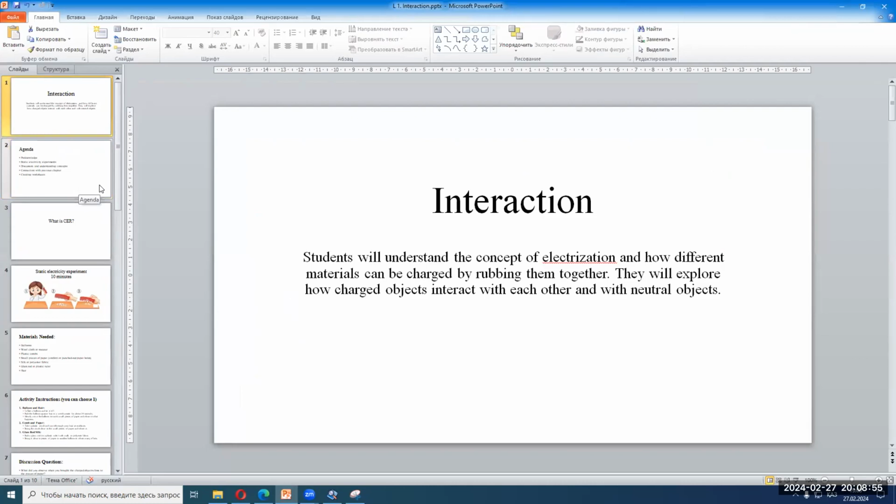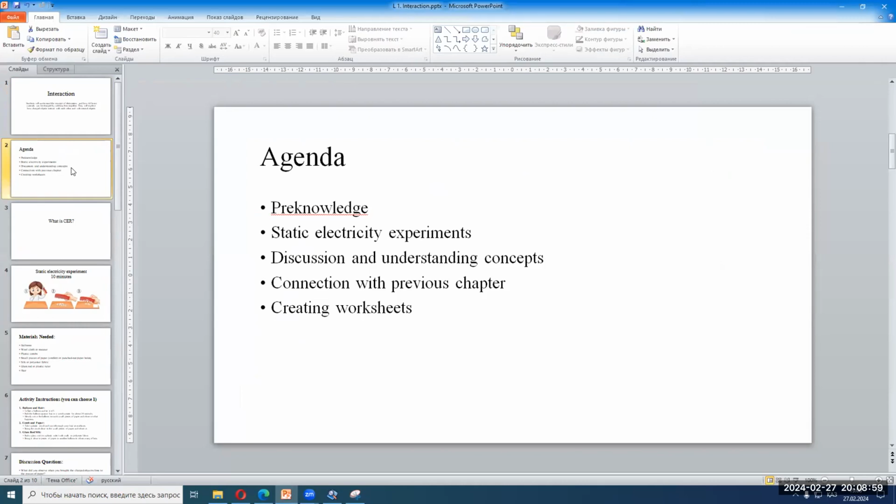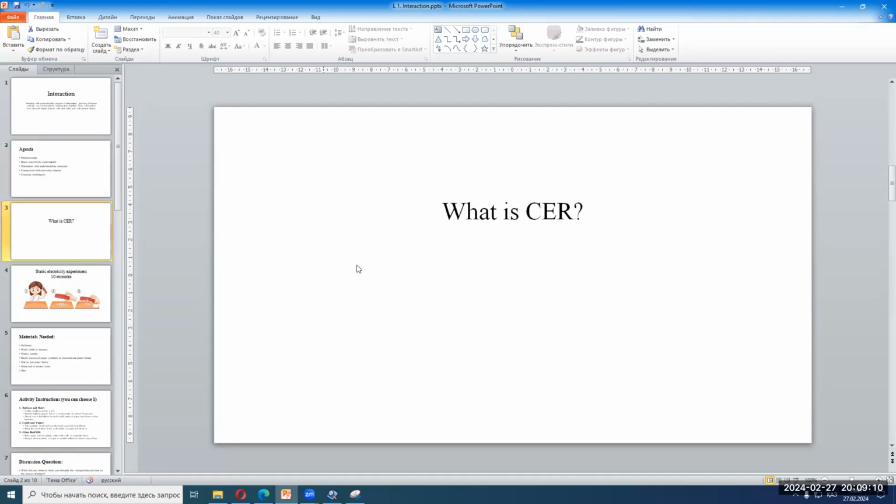So good evening or good morning again, my learners. This is our agenda for today. And what was your home task? Who remembers? Your home task was about CER. So who can answer what is CER? You can write in your chat box.